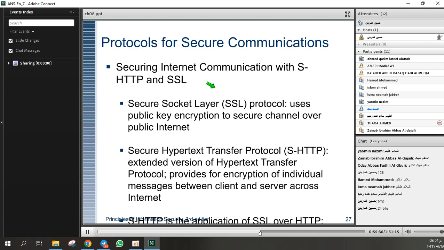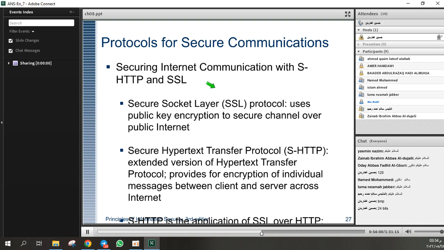Okay, but what about the protocols for secure communication? Currently, we know that the web protocol, HTTP, is one of the most widely used protocols over the internet and over networks. But we know that HTTP is not secure.